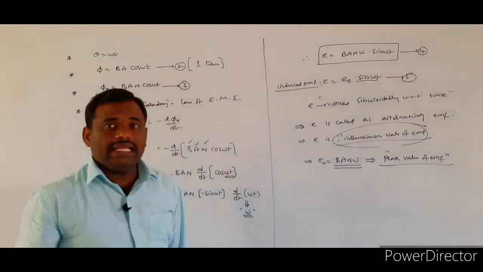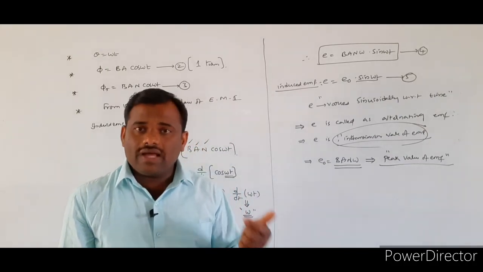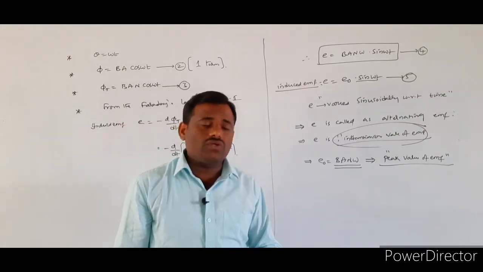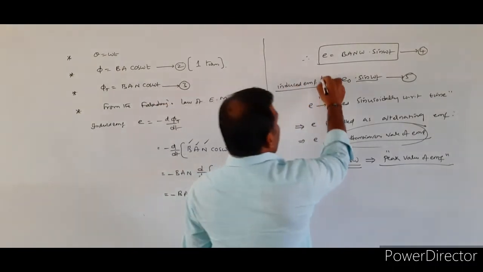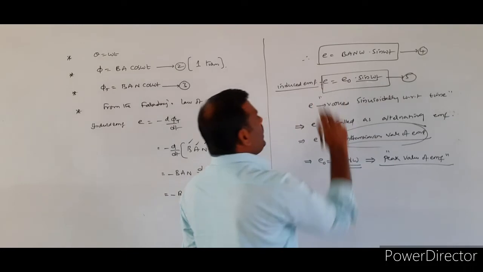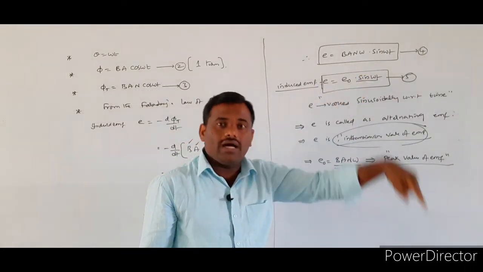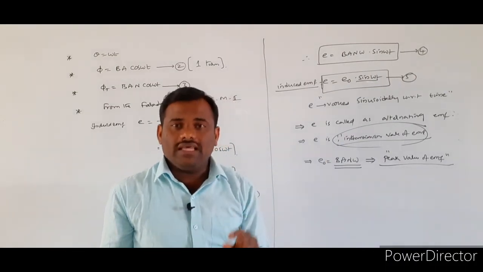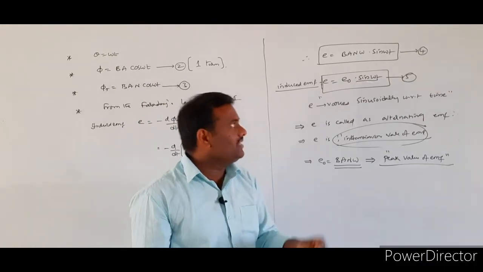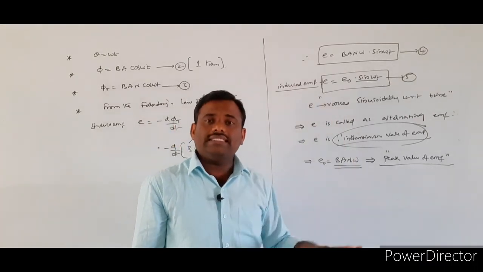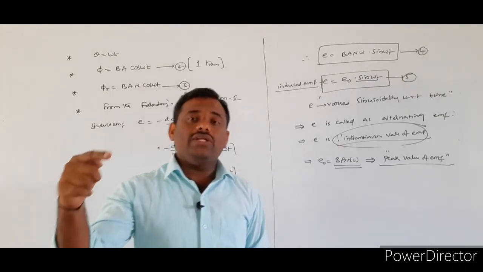In alternating current we get the peak value of the current, peak value of the EMF, and the RMS value of the current and RMS value of the EMF also. If any function is represented by either E is equal to E naught sin omega t or E is equal to E naught cos omega t, those functions give alternating values. That means those values change with respect to time alternately or sinusoidally.